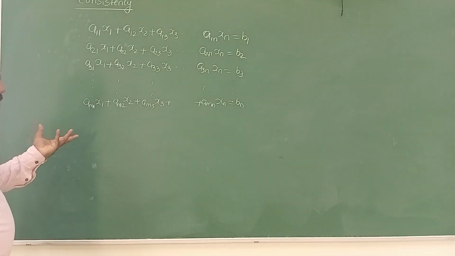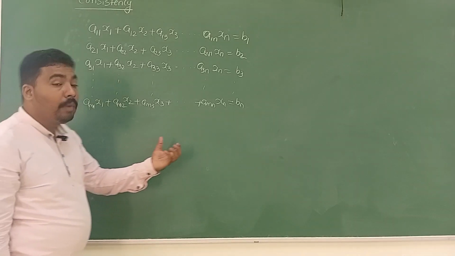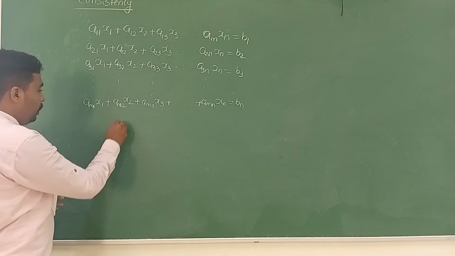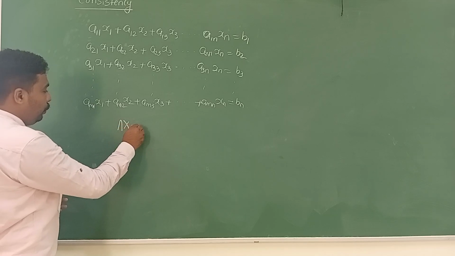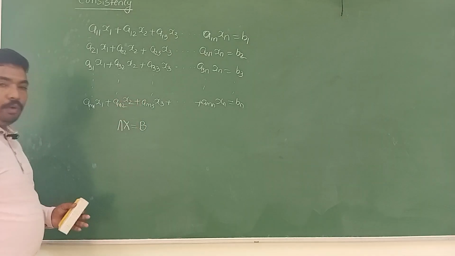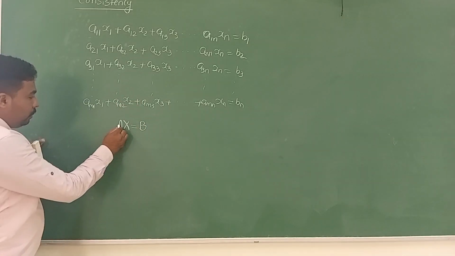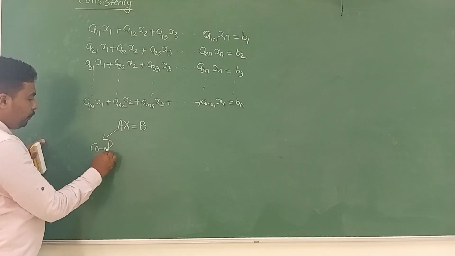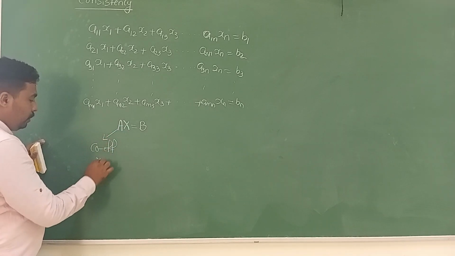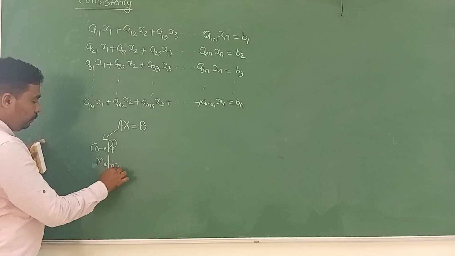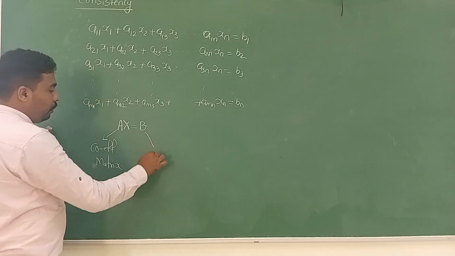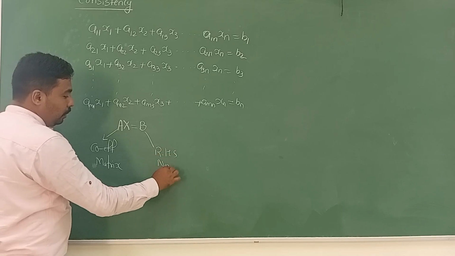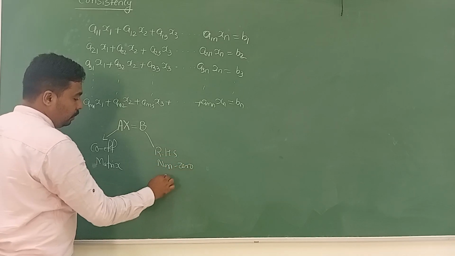If we represent this system of equations in matrix form, it can be written in the form Ax equal to b. Here A is called the coefficient matrix, and B is called the right hand side, that is RHS, non-zero column matrix.